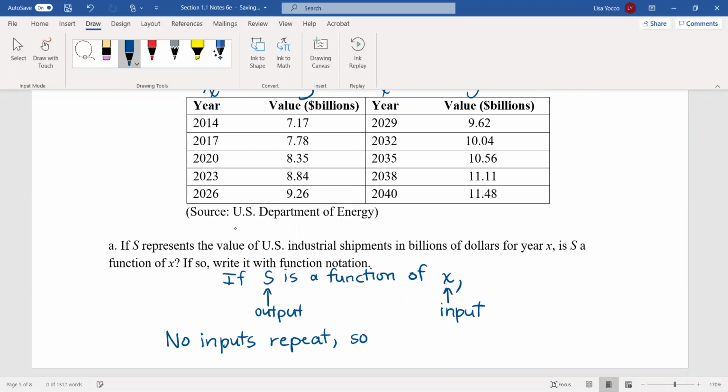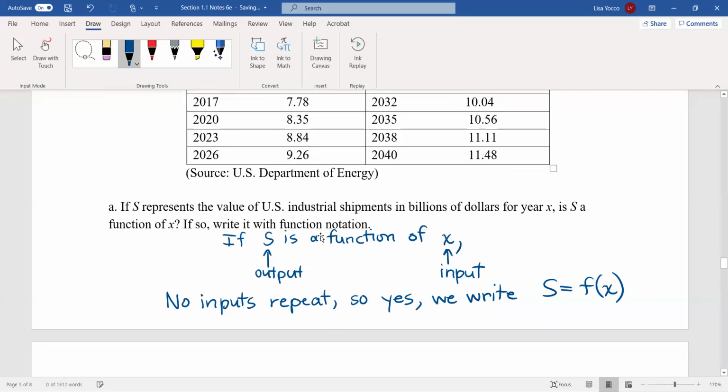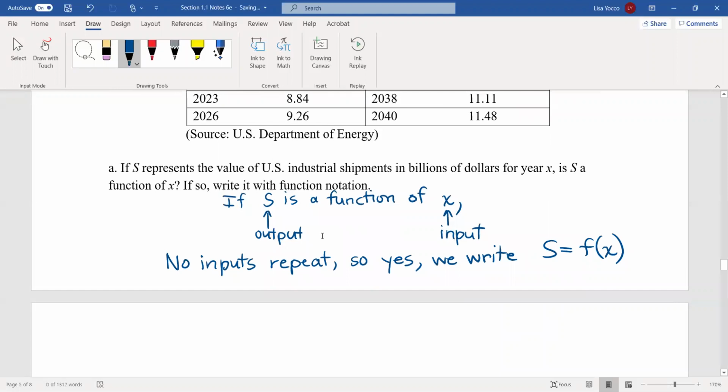So yes, it is. And the way that we write that, S is a function of X, or we say S of X is the function.